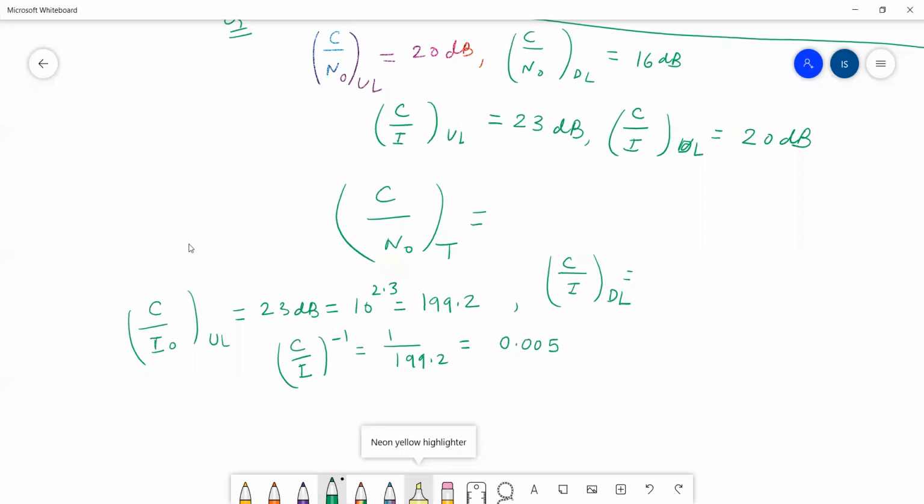Again, it is given as 20 dB, which when we convert it will be 100. And when we consider C by I downlink inverse, it is 0.01.